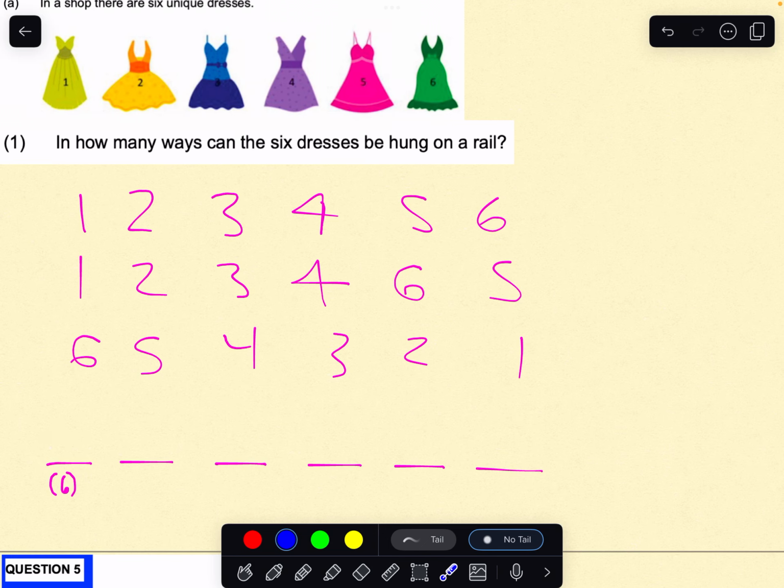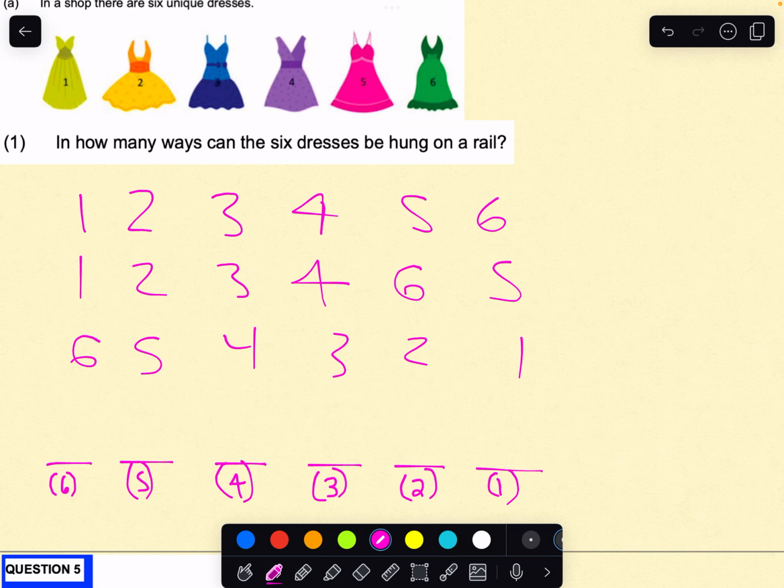By the same reasoning, for the third slot I'll have 4 options, then 3, then 2, and then the last slot will be obvious. There'll only be 1 dress left.